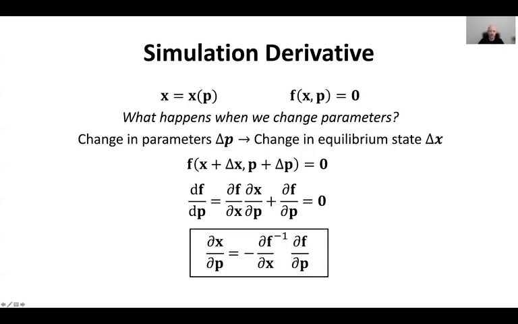In practice, of course, we don't want to really invert that matrix here. And we talk about how we can compute dx dp, or at least parts of it, in the following. But the essential idea here is that this is the structure of the problem that we're exploiting in order to compute simulation derivatives. We're not going to take the derivative of the whole minimization process. We just need this expression over here.